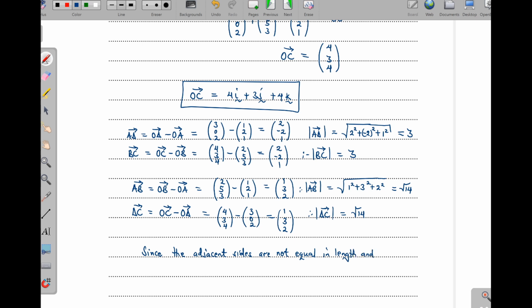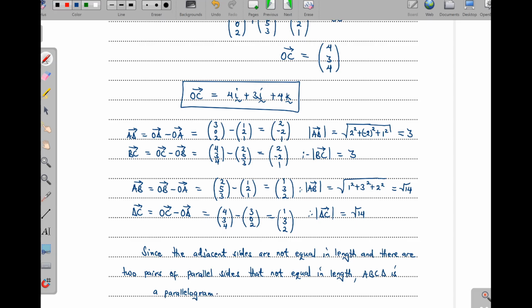and there are 2 pairs of parallel sides that are not equal in length, ABCD is a parallelogram.